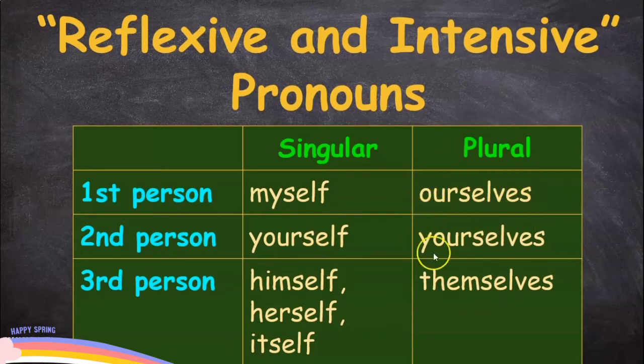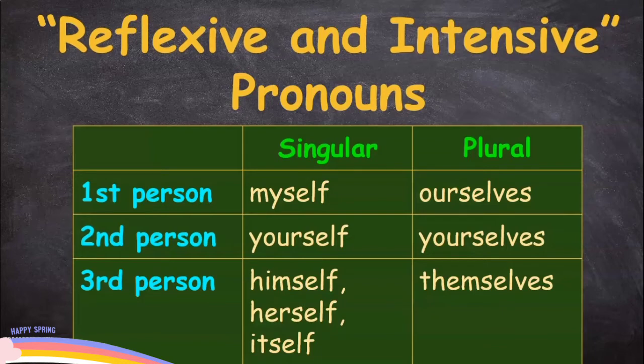Second person plural, yourselves. And third person plural is themselves. You have to remember that there are only 8 reflexive or intensive pronouns that you guys can use in forming your sentences. And this can either be used as a reflexive or an intensive pronoun.